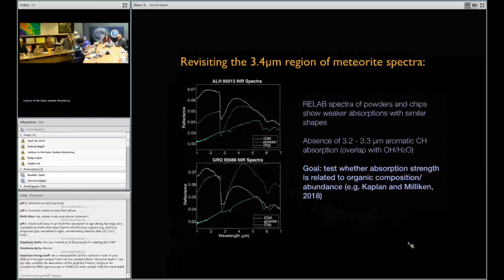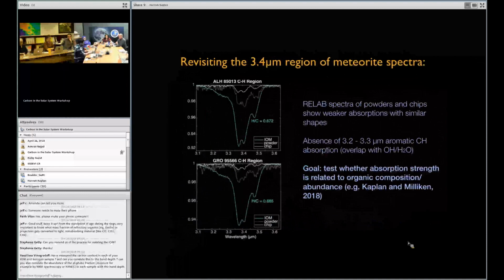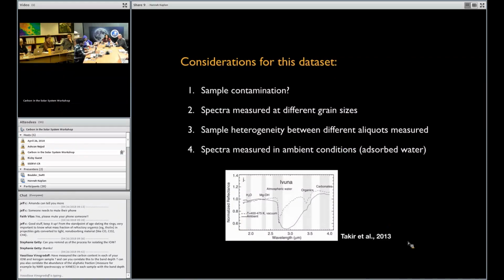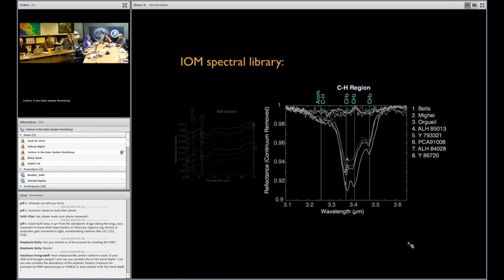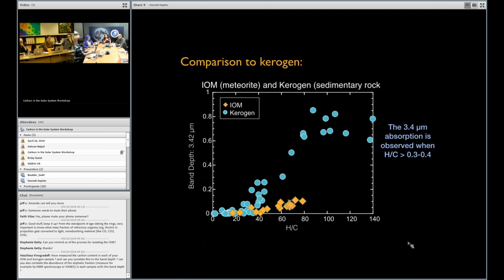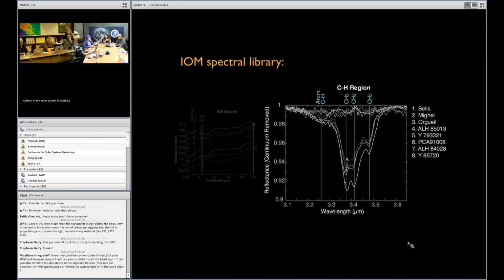I would suggest going back to look at that a little more carefully. You might not want to eliminate the possibility that some of these may show a weak feature at 3.28, and I'm fixated on that.